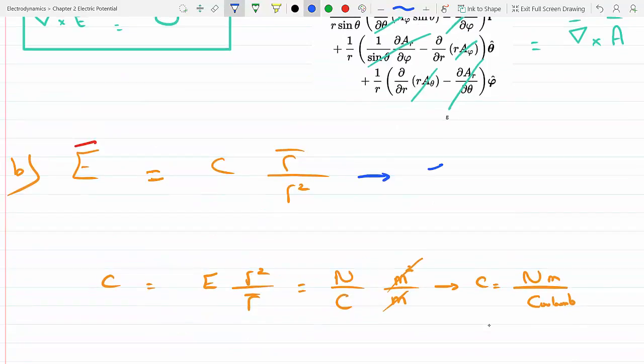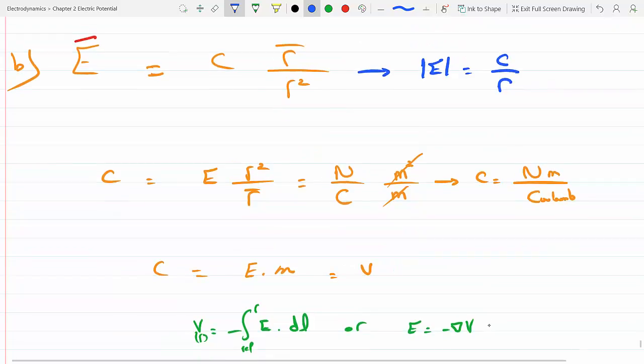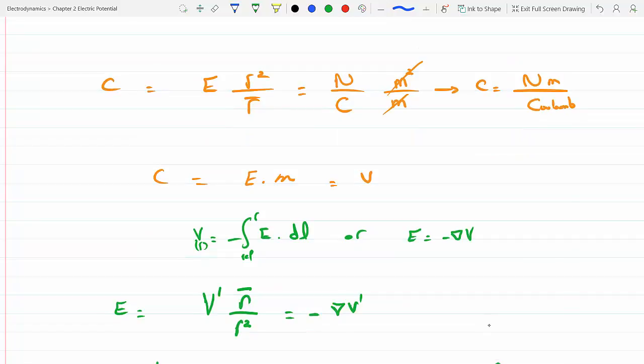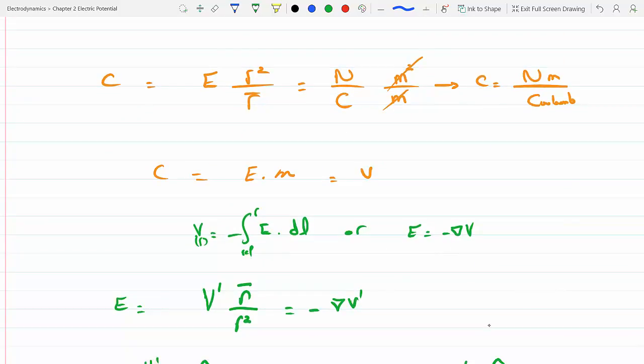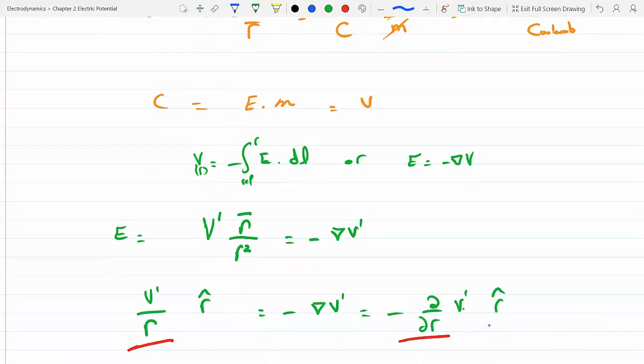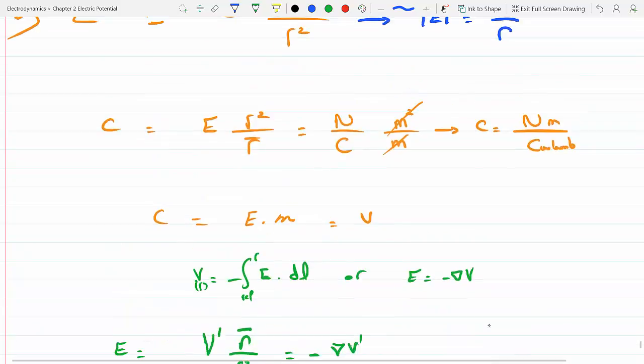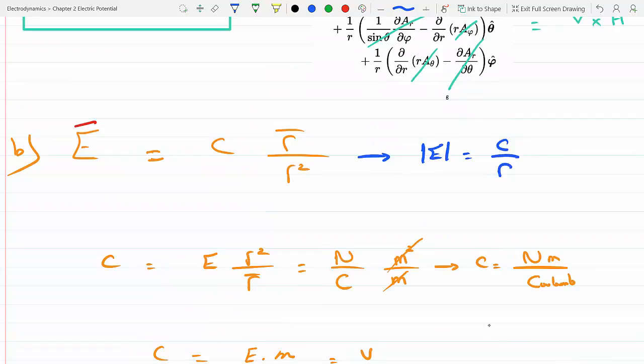Technically the electric field magnitude here is just C over r. Okay, that's what we're basically saying. Now if you multiply the r on the right hand side, you get C to equal E times r, magnitude.